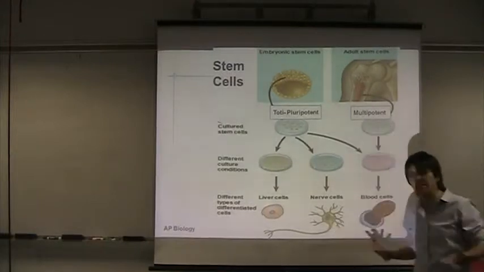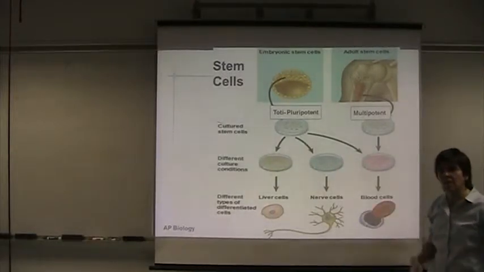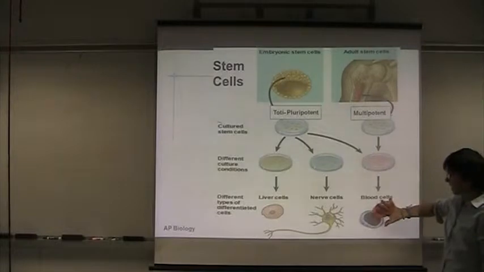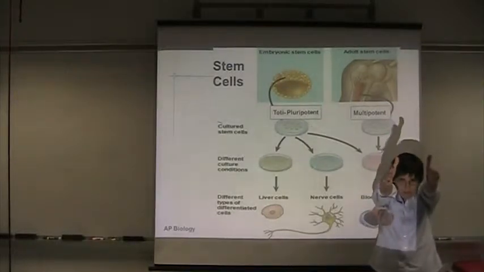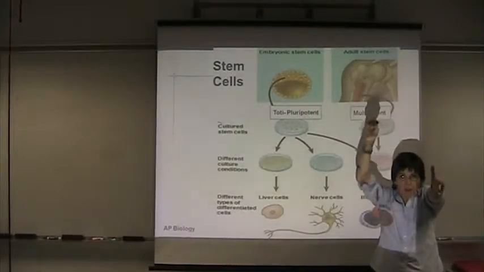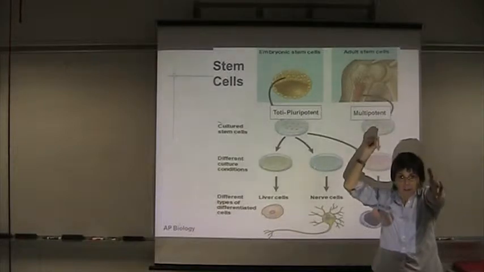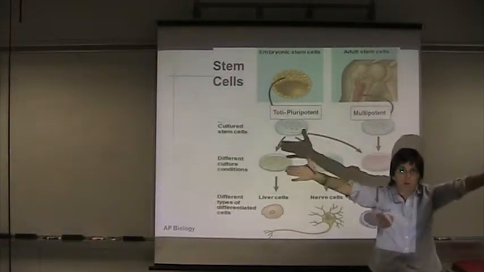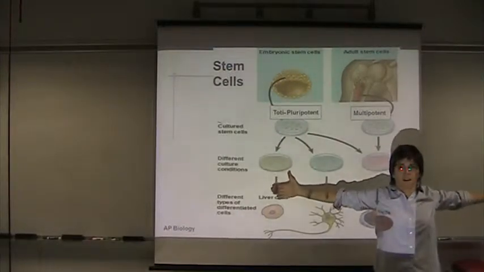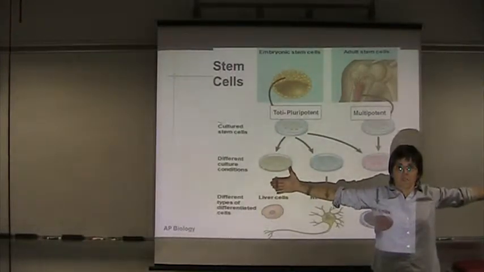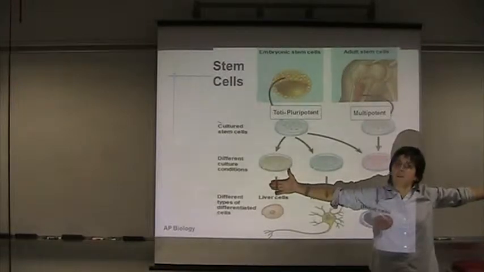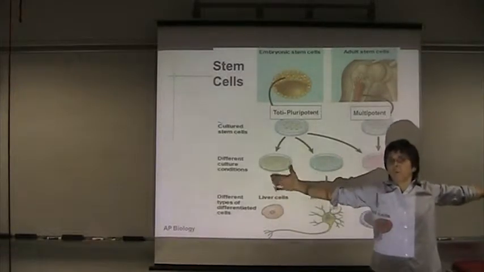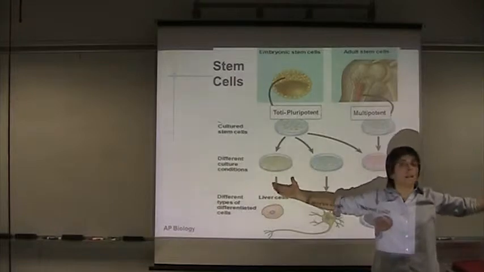So here is what we are trying to do. If these cells have been narrowed, basically only a few genes are on, if we know how to turn those genes back on, if we can turn all those genes on again, you can basically bring them back to their original stage with all the DNA being available for business.